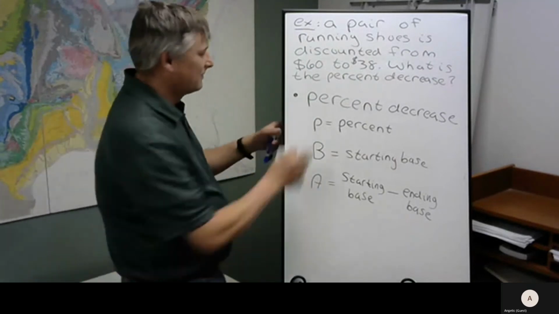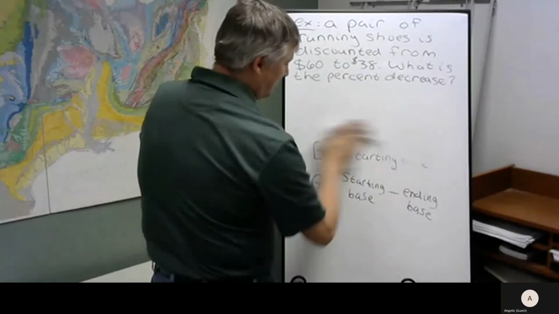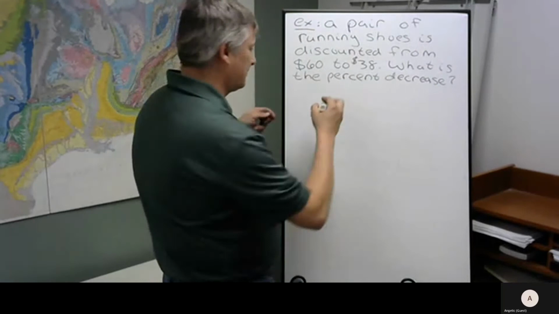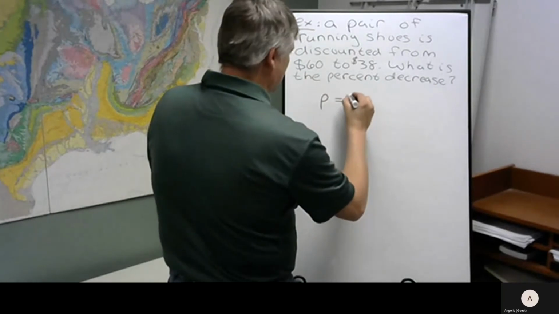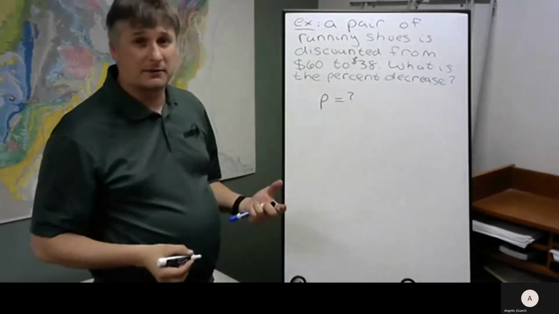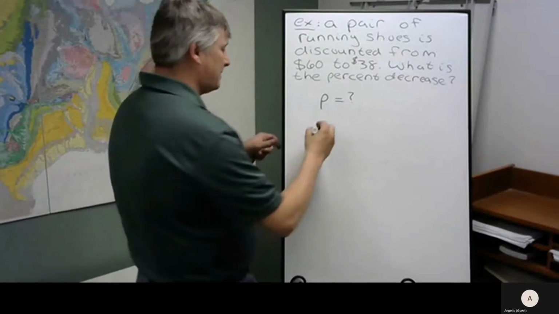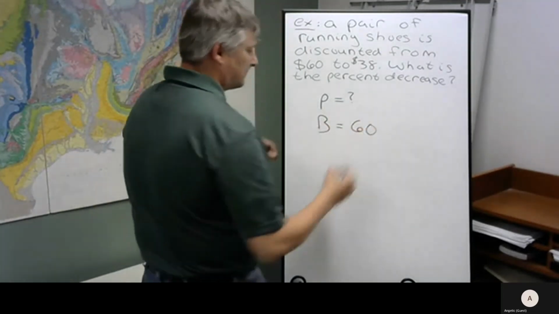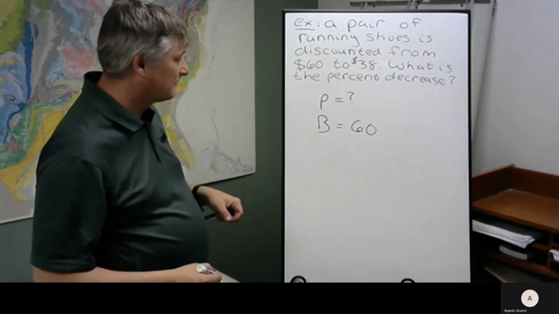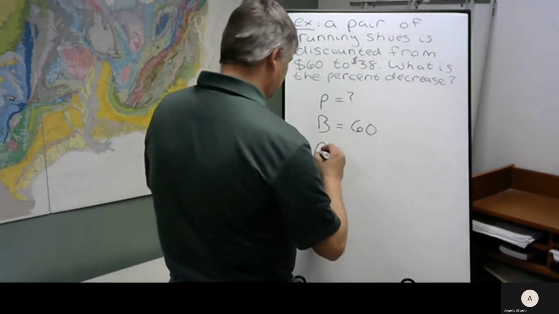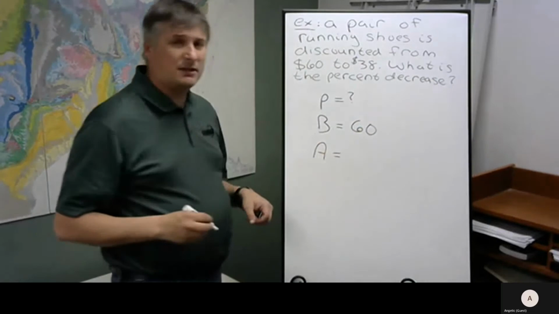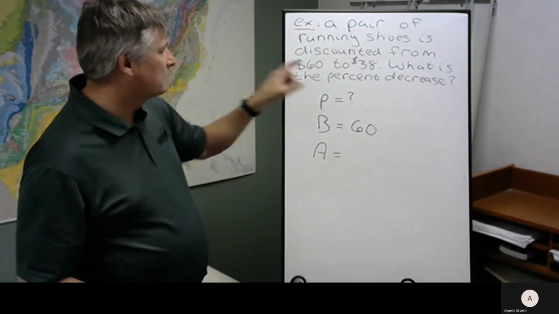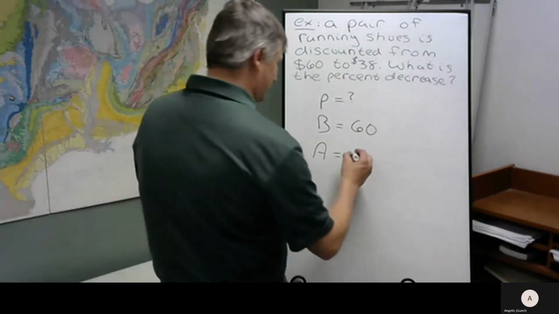So finding out what is what, again, percent, we don't know. That's what we're trying to find. Now the base, the starting base is $60. And the amount, well, for percent decrease, it's starting base minus ending base. So starting, this is what we're ending with.